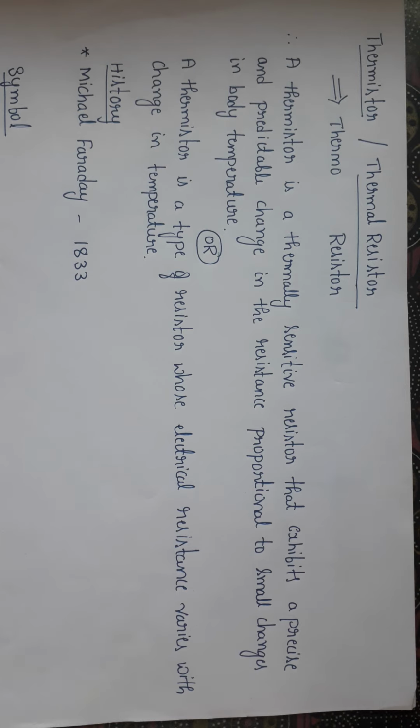It may vary proportionally or inversely. Overall, thermistors are defined so that thermal and resistance are correlated to each other. It is a device which exhibits a relationship between the thermal and the resistor, and that is called a thermal resistor.